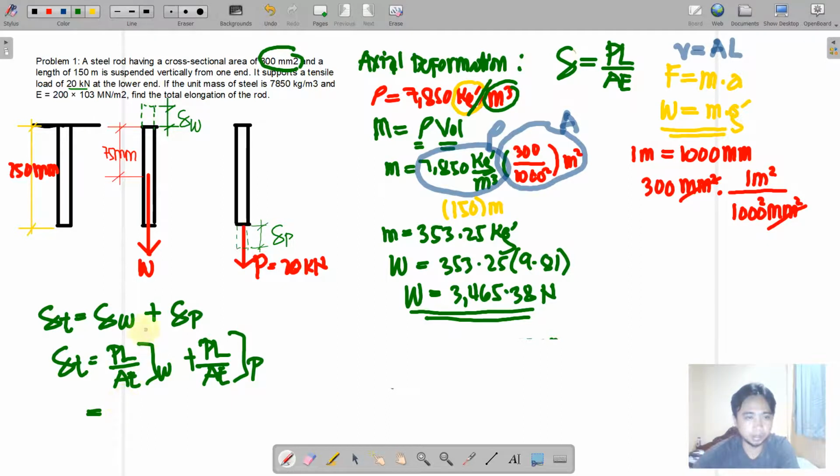So what is P here? Caused by the weight is the weight itself, 3,465.38. What is the length? So the length involved is not the entire length but only the half or the upper half of this rod. So I think the given is in meter. Sorry about that.